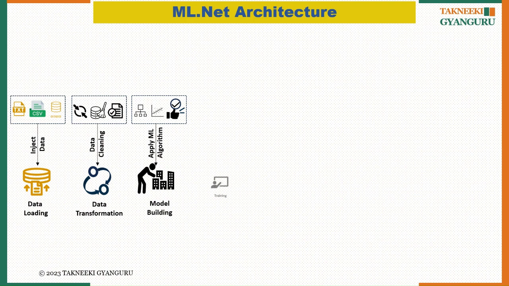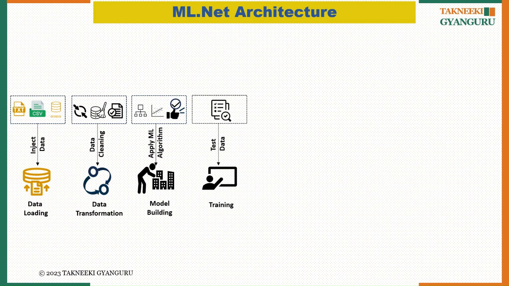Once the model is built, then we have to train the model. How can we train this model? Using the test data. We have to have some test data. We will push this test data and then train. So based on this data, it will train your model. Sometimes we have a ratio of 80 and 20.